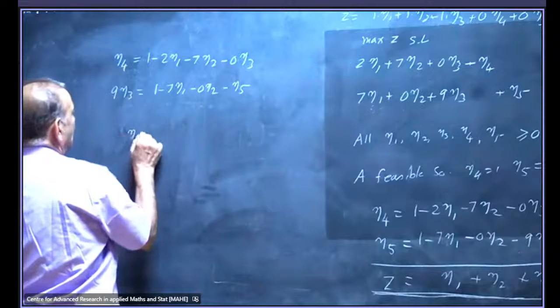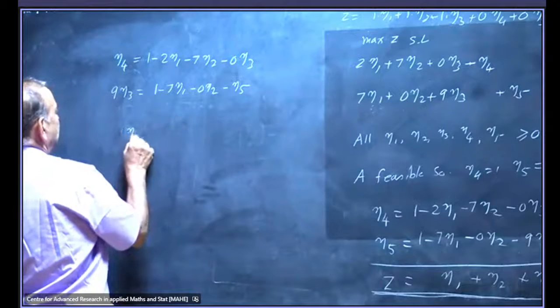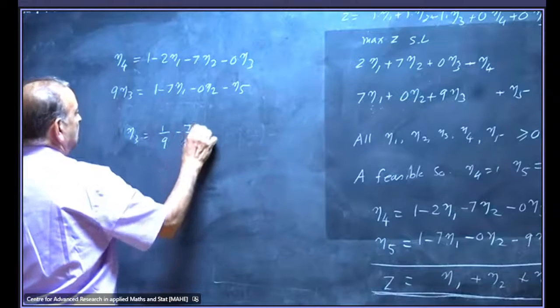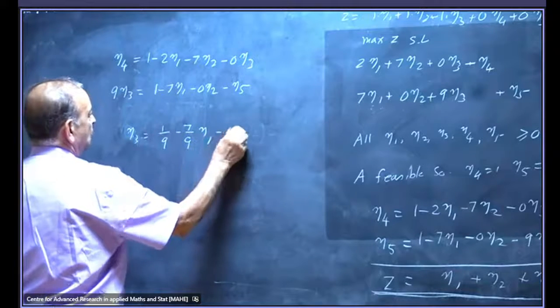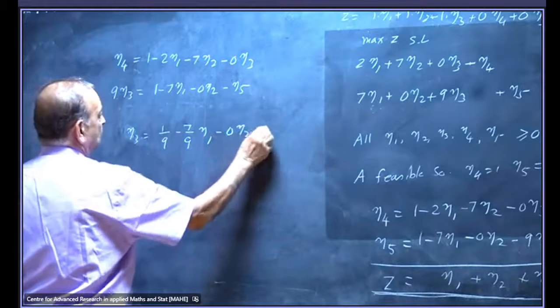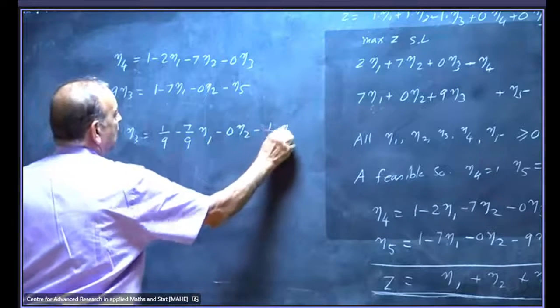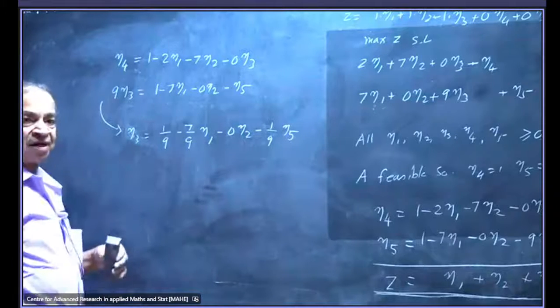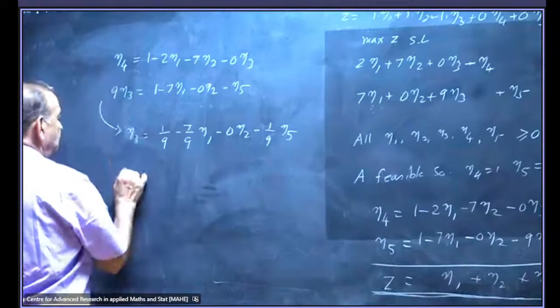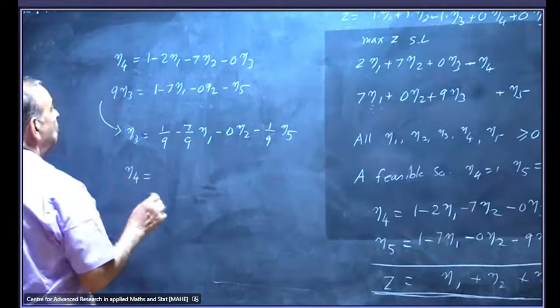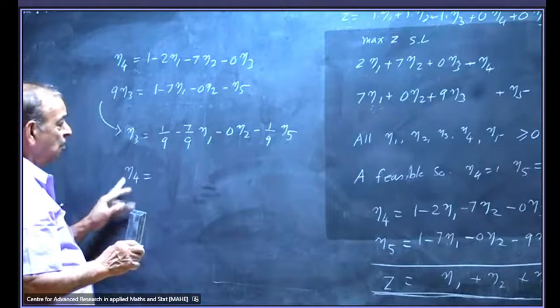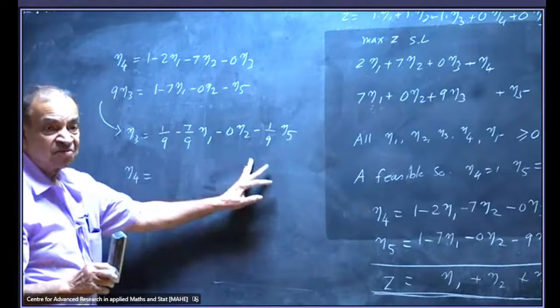So I want the variables to be fixed. Eta 4, eta 3: from this you get eta 3 is 1 over 9 minus 7 over 9 eta 1 minus 0 eta 2 minus 1 over 9 eta 5. Really? Now this one is eta 4. I express every basic variable in terms of only non-basic variables.